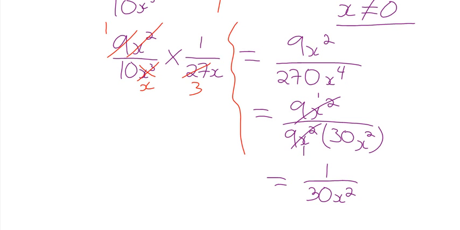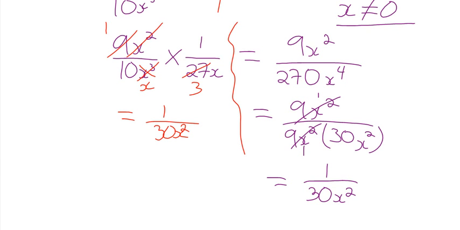So up top I have a 1, and on the bottom I have 10 times 3 times x, which is 30x. Okay? So either one of those methods, whatever works for you. Both give you this. Oh, and there's an x here, so that's actually squared. They should work out the same.